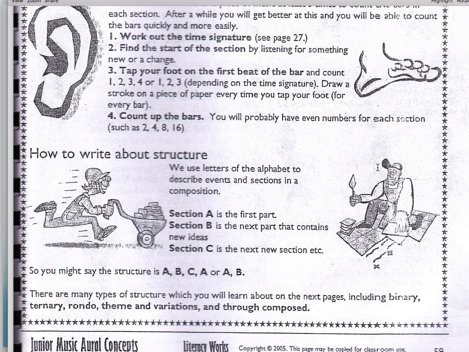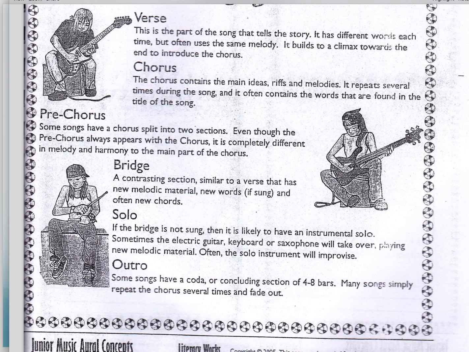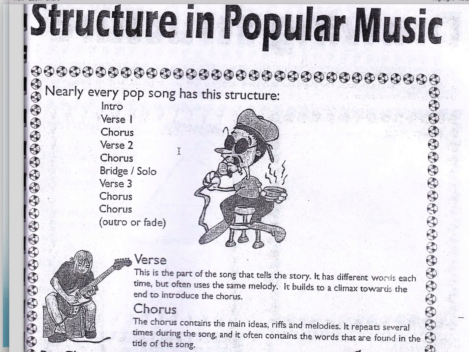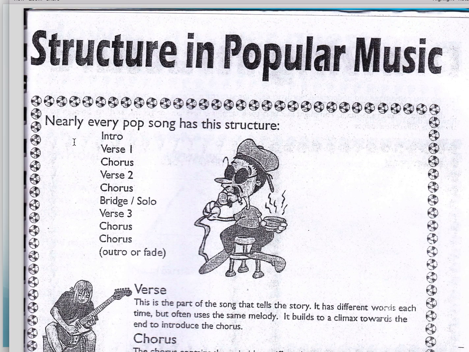We can use letters, okay? I'm not going to go through this part because we are going to be using the popular music terms to describe the structure of the pieces we're looking at. So we'll be using these terms. All right, so have a listen to this video, and it'll help you to do your quiz.